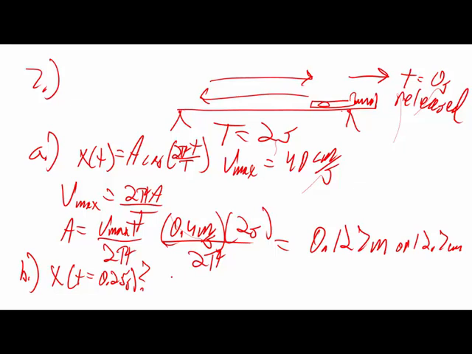So x at 0.25 seconds is equal to, the amplitude is 0.127 meters times cosine of 2 pi, and the time is 0.25 seconds. See, there's t right there.